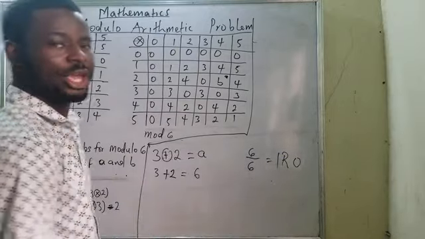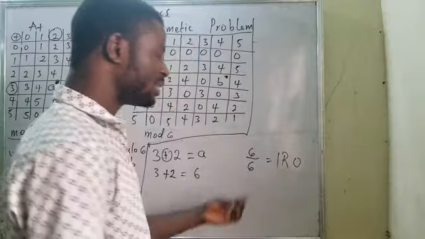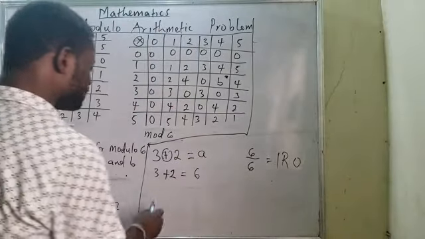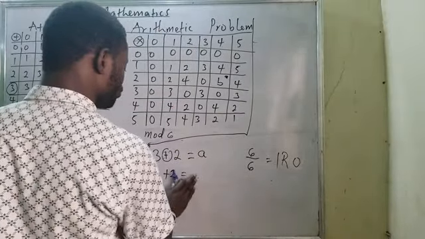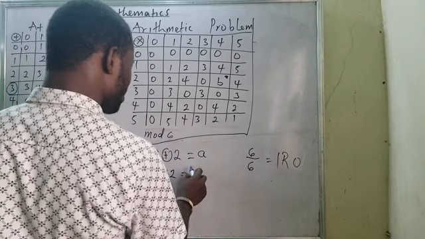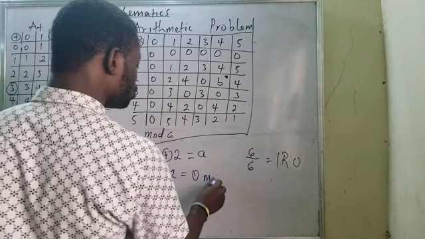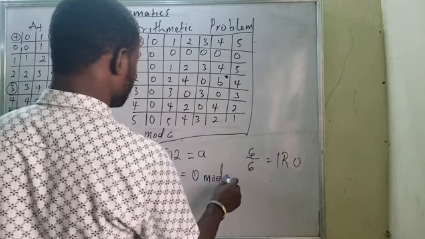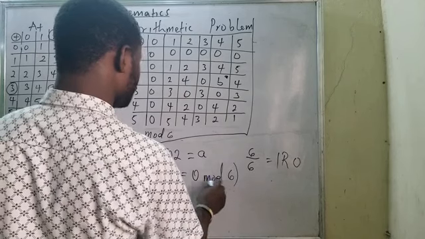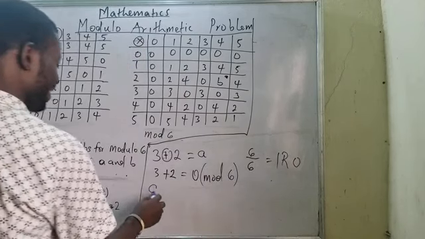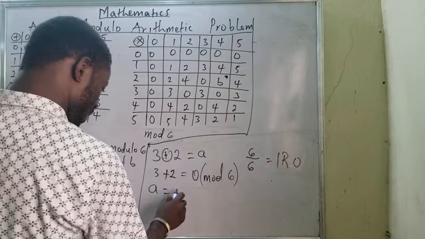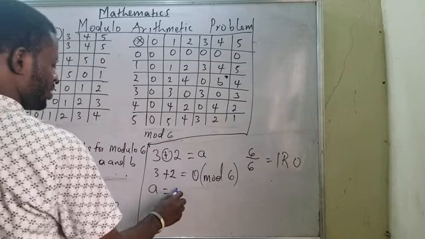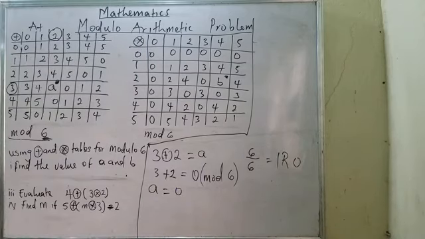I've told you it is the remainder you need, not the number of times. So it is 0 mod 6. It means my A equals 0.